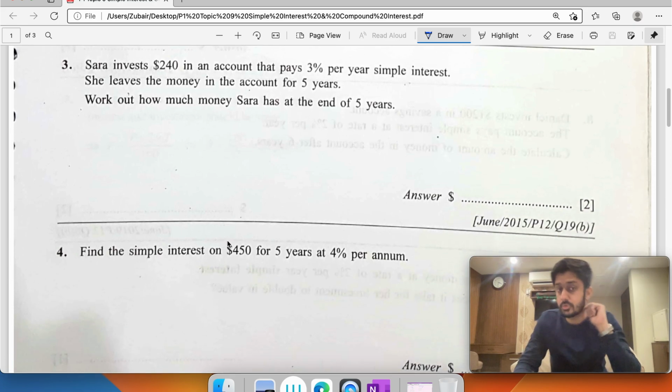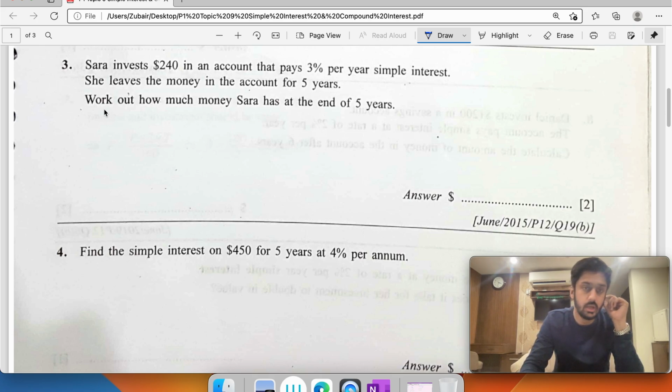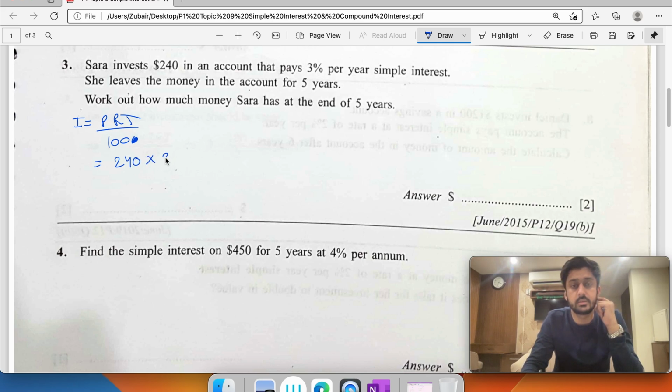Sarah invests $240 in an account that pays 3% per year simple interest. She leaves the money in the account for 5 years. Work out how much money Sarah has left at the end of 5 years. So interest is equal to PRT over 100. Invested principal is 240. Her rate is 3%.